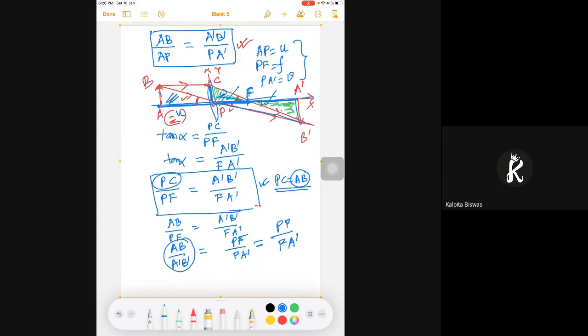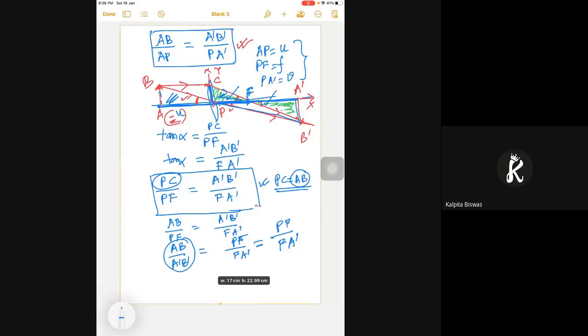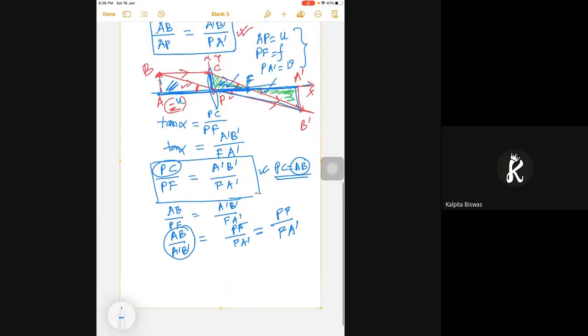Let us go here. From the above equation, what you see is AB by AP equal to A dash B dash by PA dash. So here I put AB by A dash B dash, and it will come AP by PA dash. So here it is again object by image.